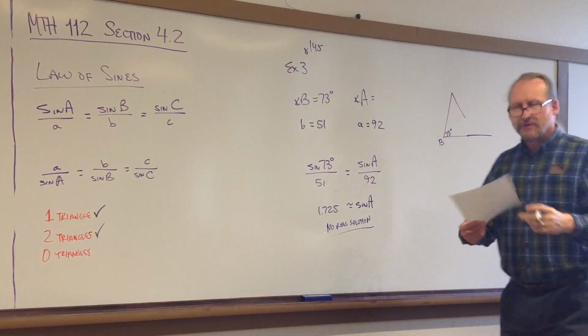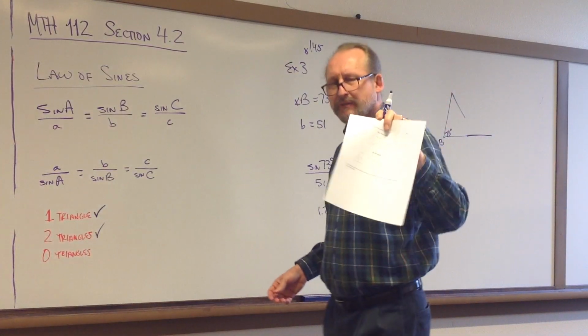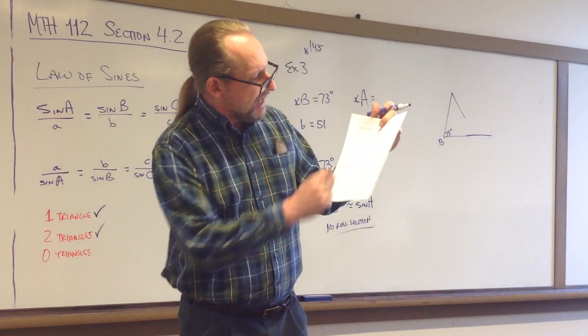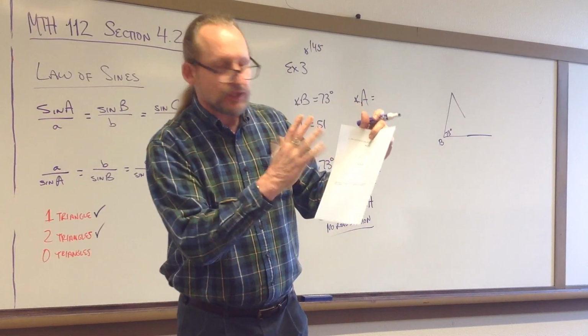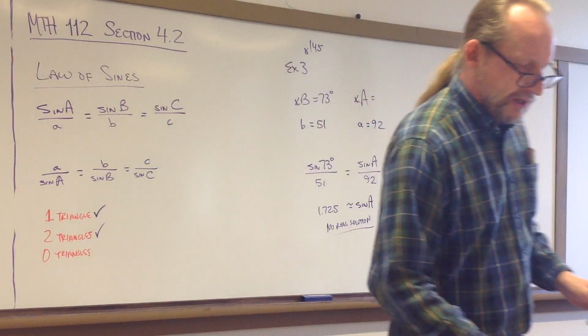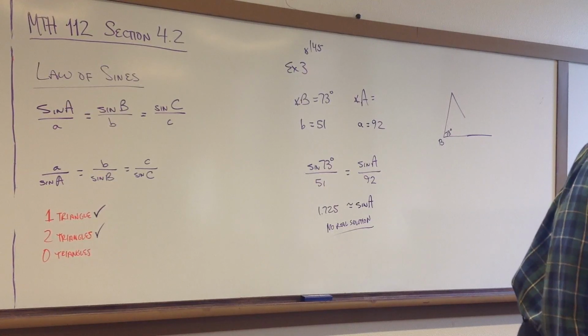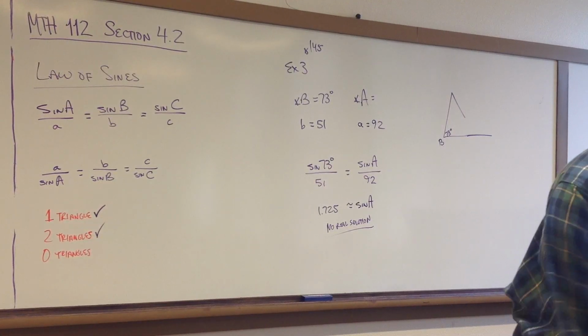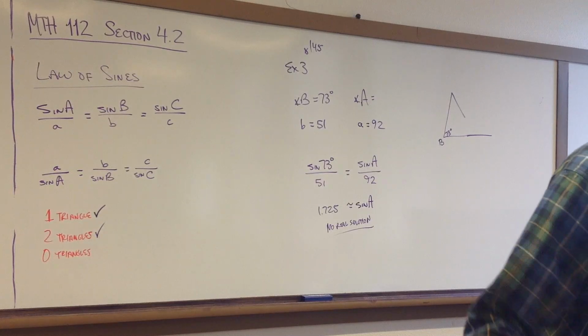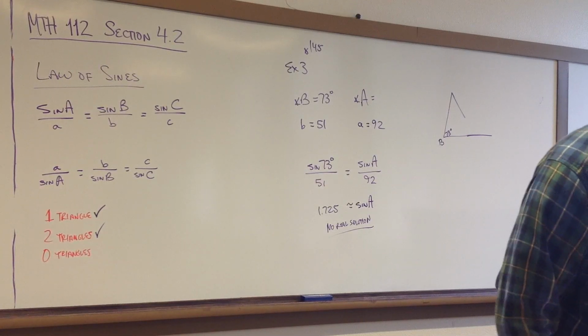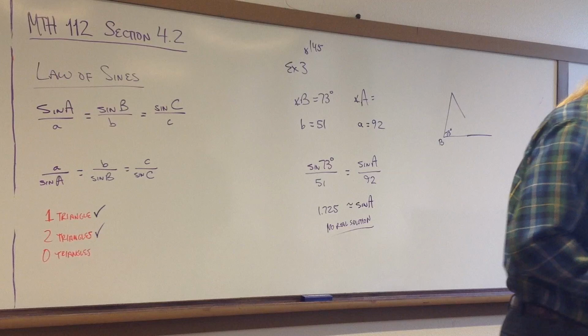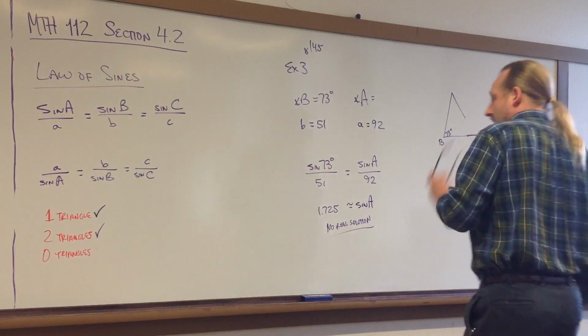Okay? If you look on page 141, there's 2 of these no triangle situations, and in both cases, the side is just not long enough to complete the triangle. Okay, so those are all the 3 possibilities, and now we've got a bunch of problems on page 147, and we'll just work our way through them.